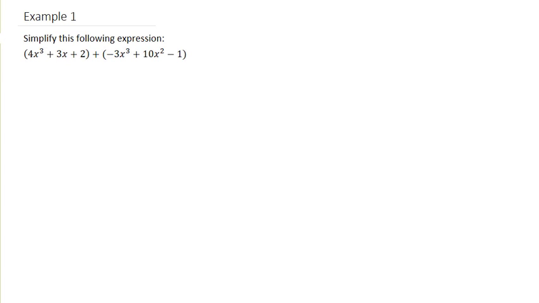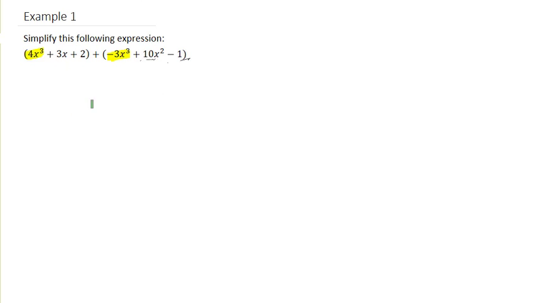Example 1. Simplify the following expression. So here we have 4x to the third plus 3x plus 2 plus minus 3x to the third plus 10x squared minus 1. So what we need to first do is find the like variables between all these terms. So we have x to the third and x to the third here, so we can combine these two.